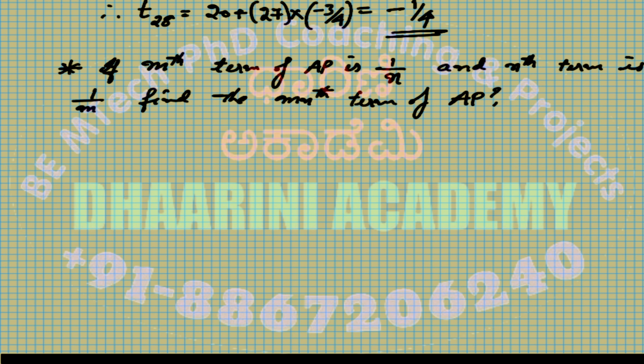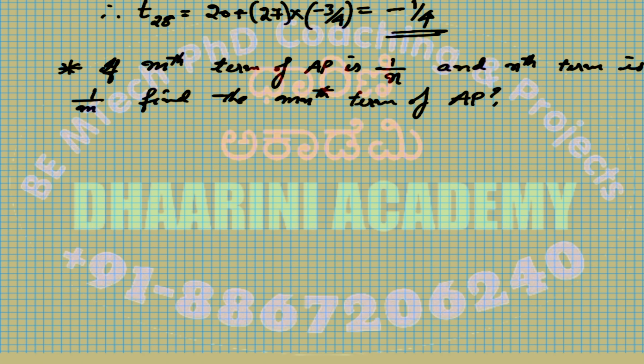So we have an AP, and it is given that the mth term is 1 by n and the nth term is 1 by m. So how do we find the mnth term? That's the question.